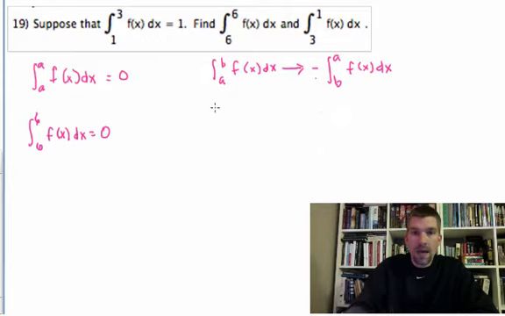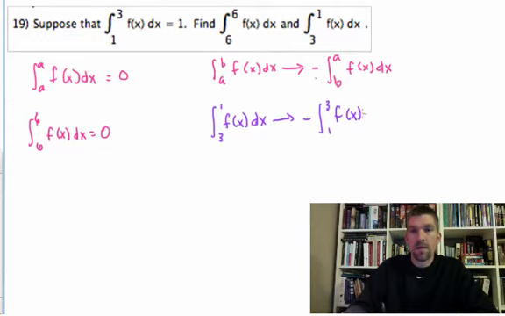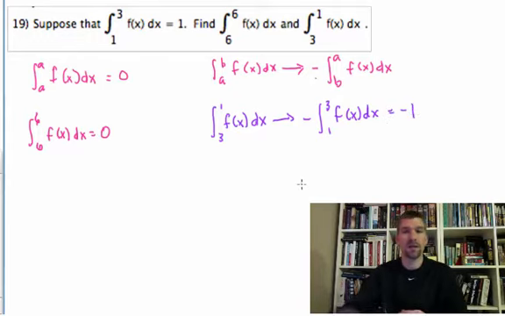So my integral from 3 to 1 of f(x) dx becomes negative the integral from 1 to 3 of f(x) dx. And we have a rule for that one, and it is 1. So my answer in this particular case is going to be negative 1. And that's just using some of your basic rules of integration.